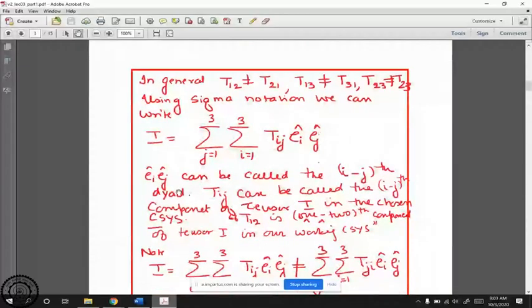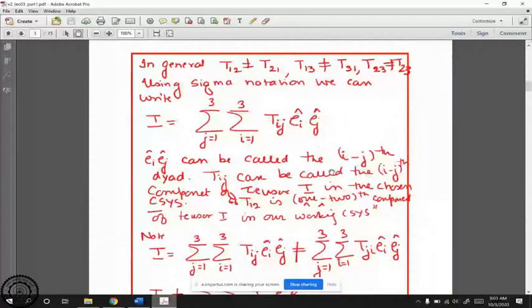We can call Ei, Ej the ijth dyad, and Tij the ijth component of the tensor. For example, T12 is the 1, 2th component.